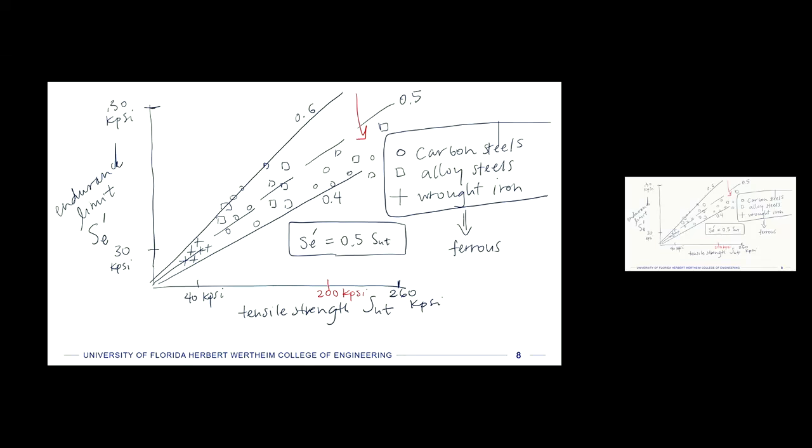Once we get up to a material here, it no longer follows that 0.5. So we estimate that endurance limit at 100 kpsi. For really high strength materials, we just clip it there. Anything above that, just assign it 100 kpsi.